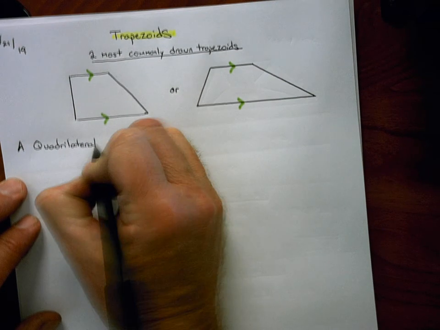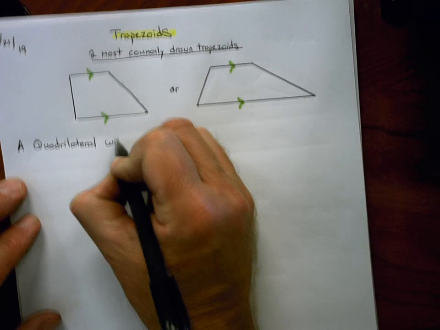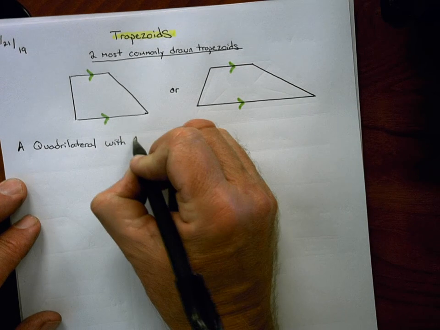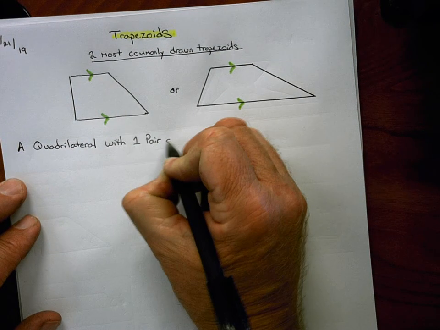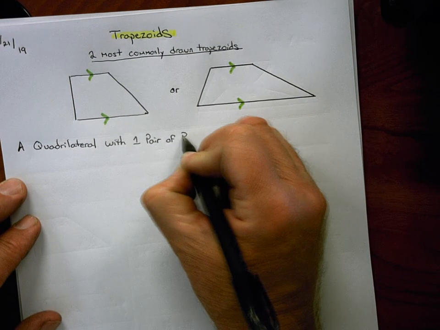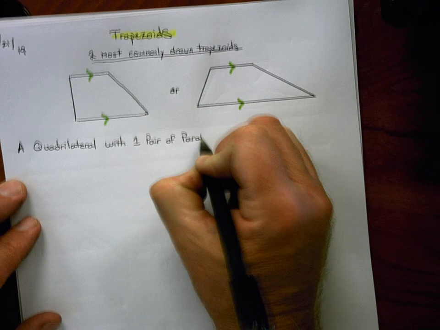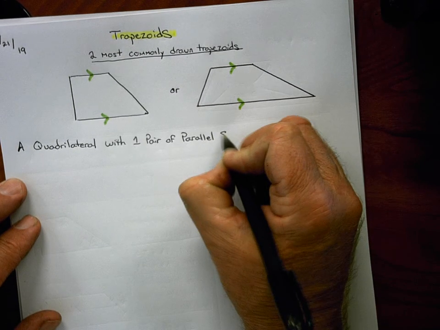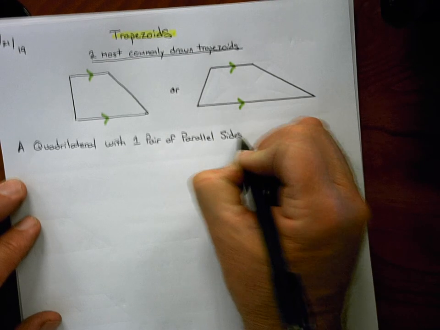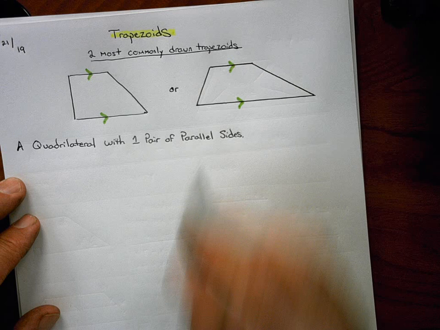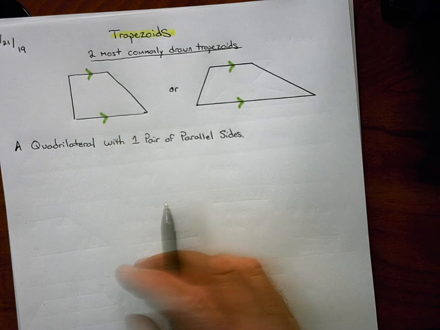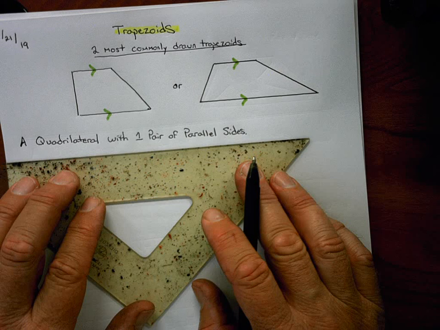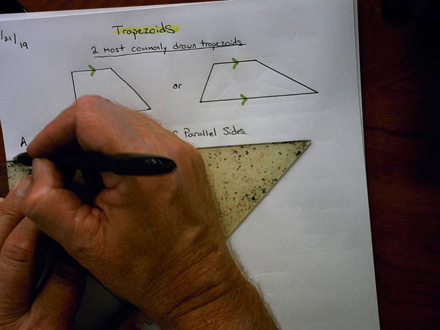A quadrilateral with one pair of parallel sides.